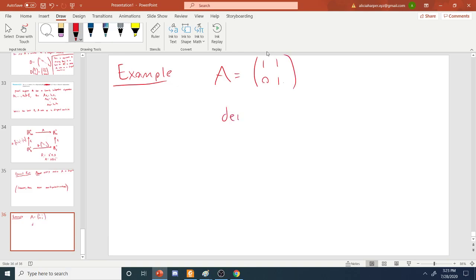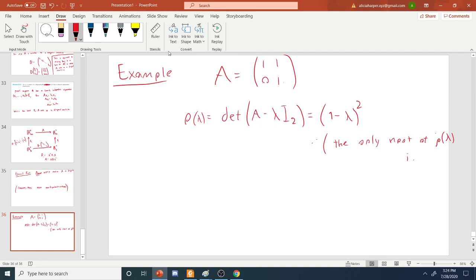Then the determinant of A minus lambda I2 is easily checked to be (1 minus lambda) squared, and this has exactly one root. So this is p of lambda, and the only root of p of lambda is 1.